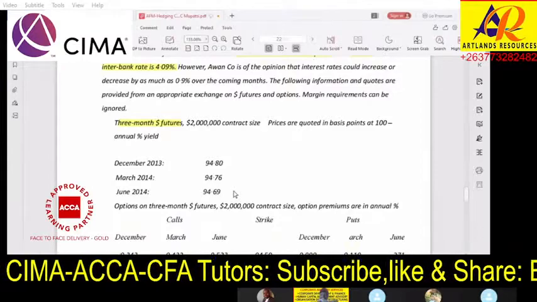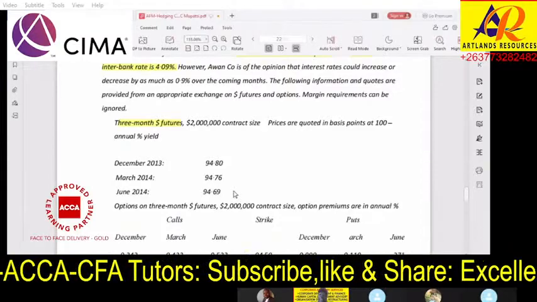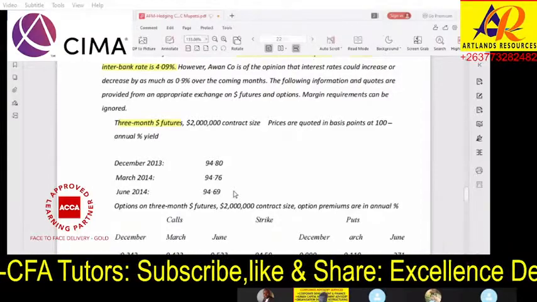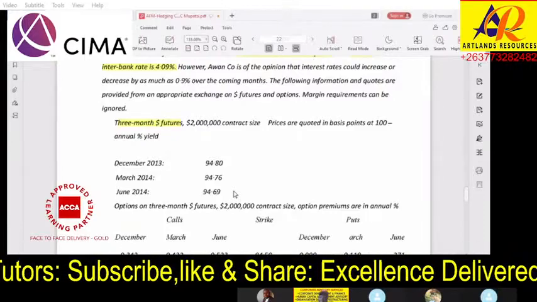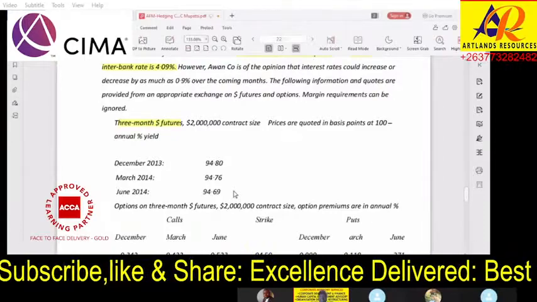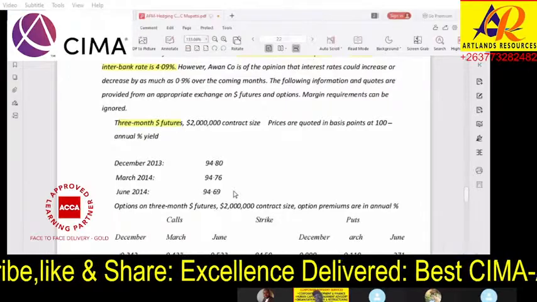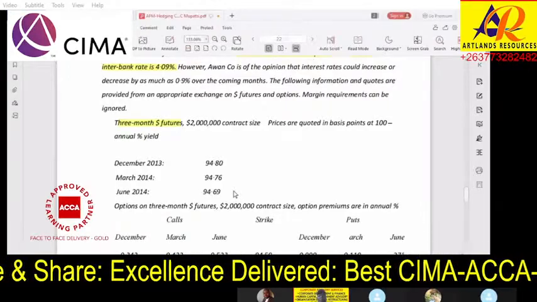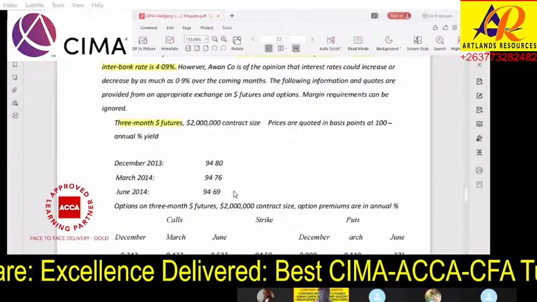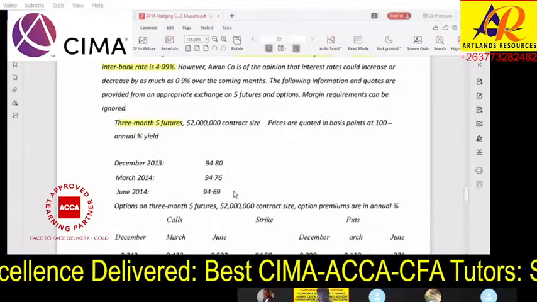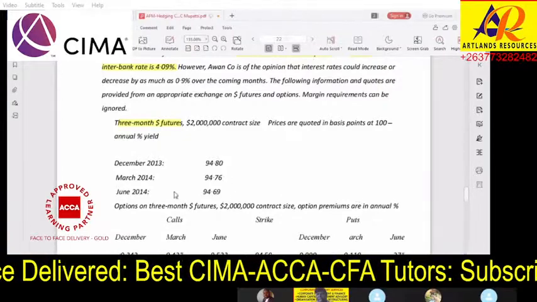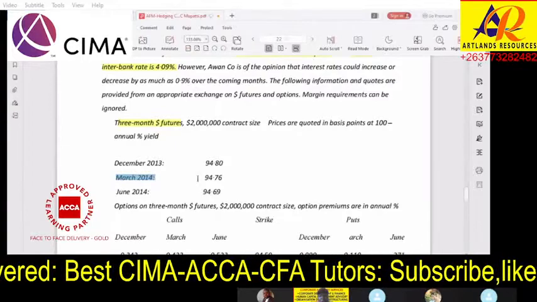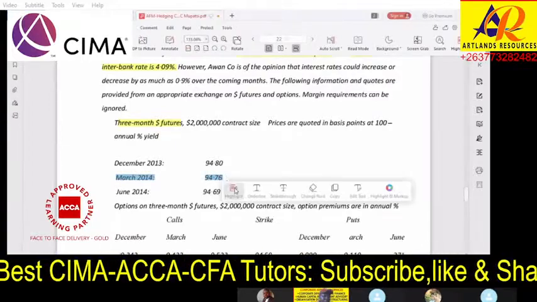It is not the loan period. Exposure period is the period between now and the time you get a loan or time you invest. This is the period you are exposed to interest rate movements. Once you have invested, you are no longer exposed because you have already signed the contract. So we are going to go by March futures.